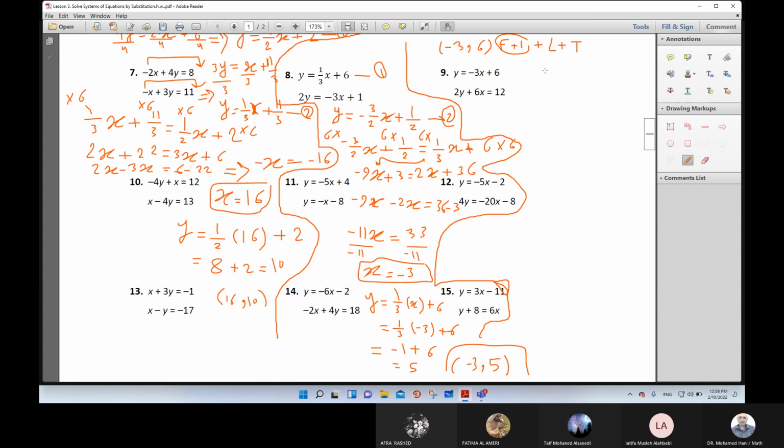Okay, check with me, please. The first equation is ready to work, so I will name it 1. You can prepare the second equation. You can take 6x to the second side. So here you have 2y equal negative 6x plus 12.